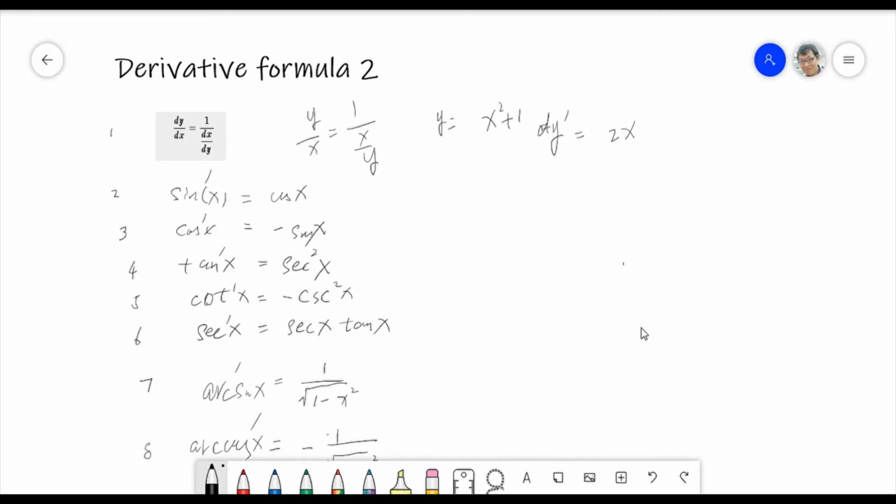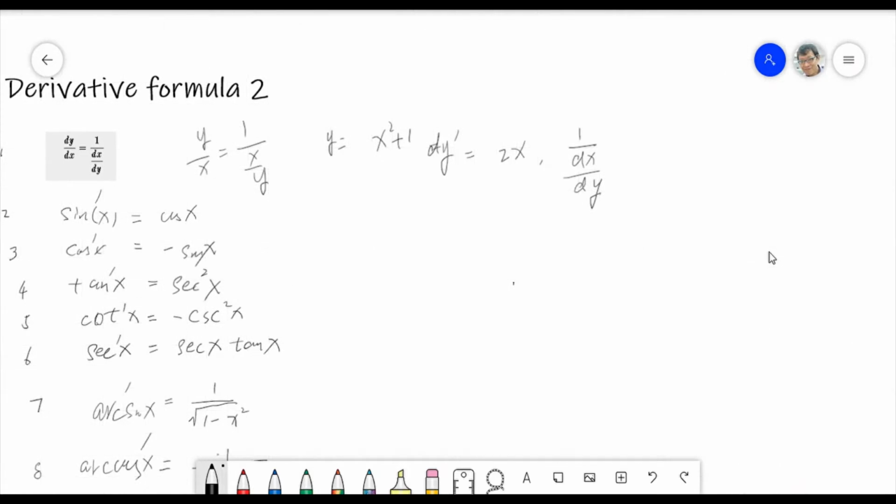Let's see how about 1 over dx/dy. If we also get 2x, then definitely they're right. So what is dx/dy? We have to look here. x squared equals y minus 1, and then we can deduce x equals the square root of y minus 1.